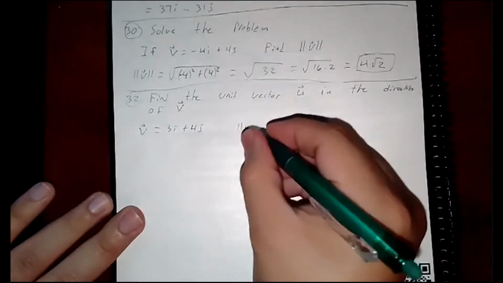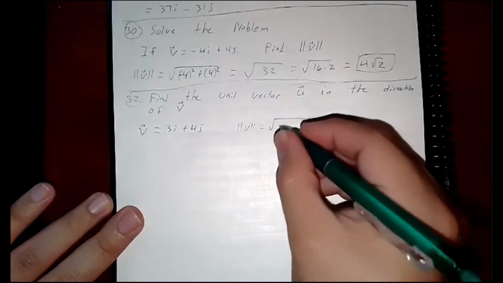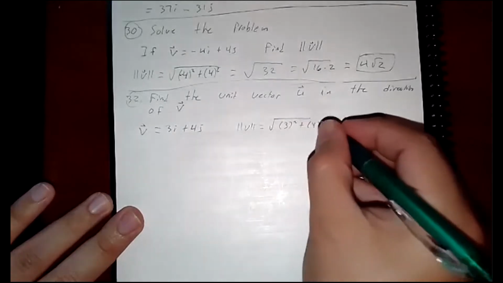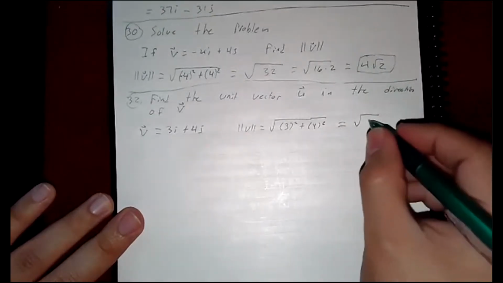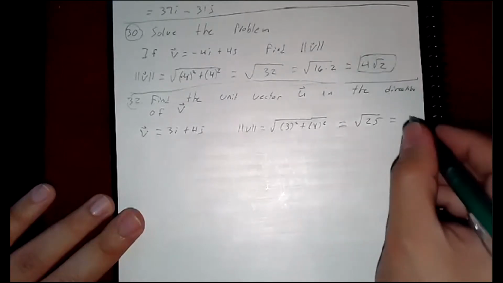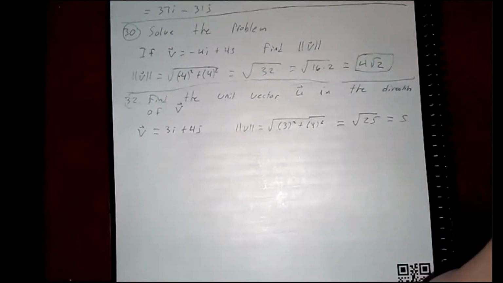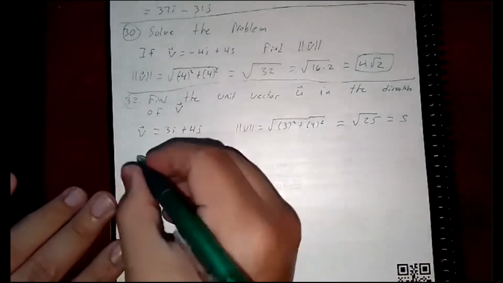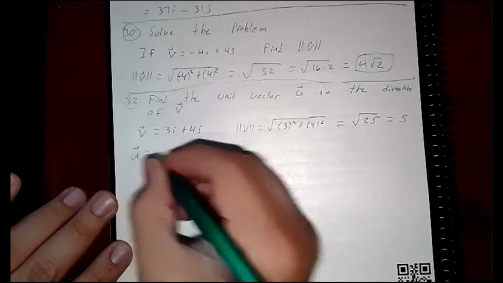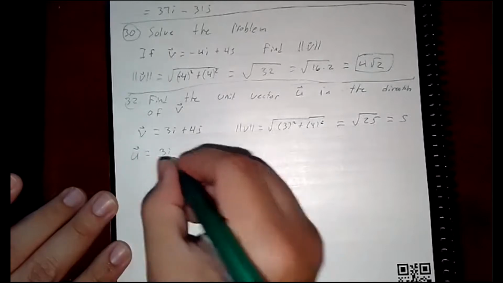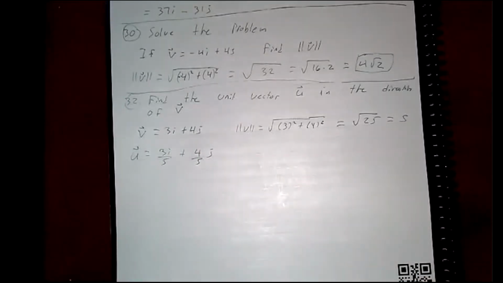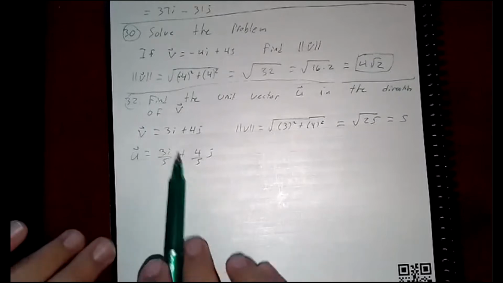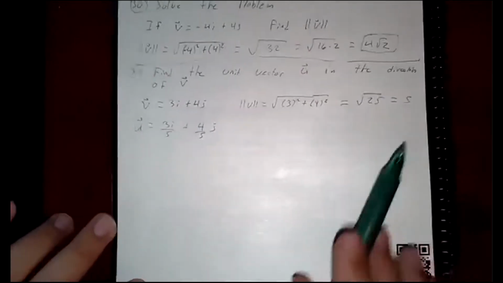So we need to find the magnitude first. So that would be the square root of 3 squared plus 4 squared, which would be square root of 9 plus 16, right? 25? Yeah. Okay, so u, the unit vector, would be 3 over 5 i plus 4 over 5 j. So you just divide each term by this magnitude. That gives you u.